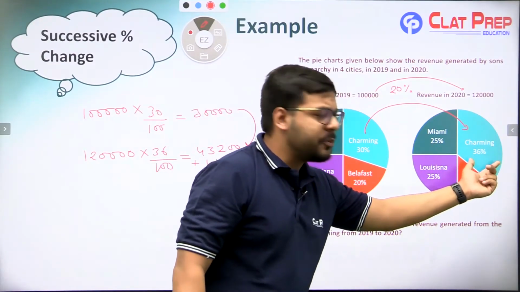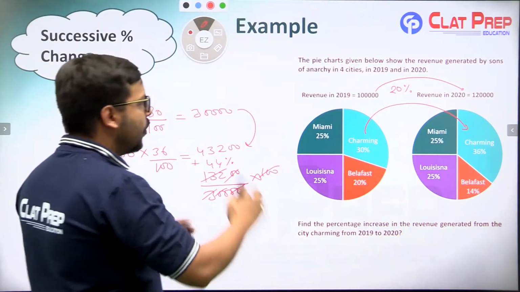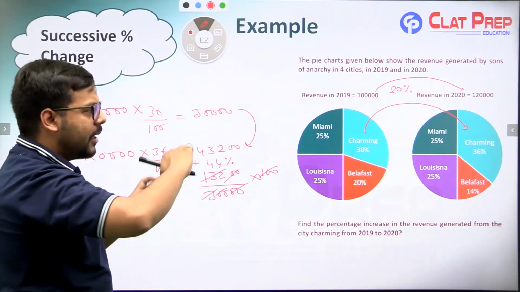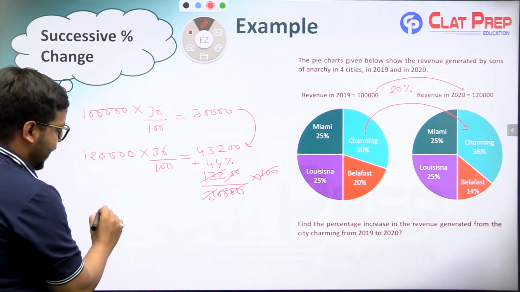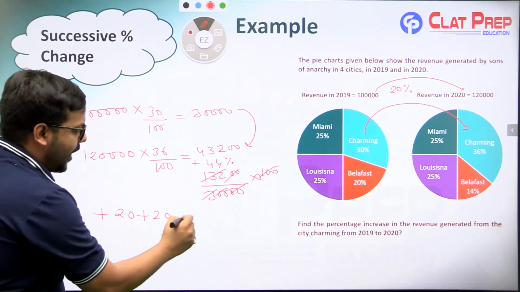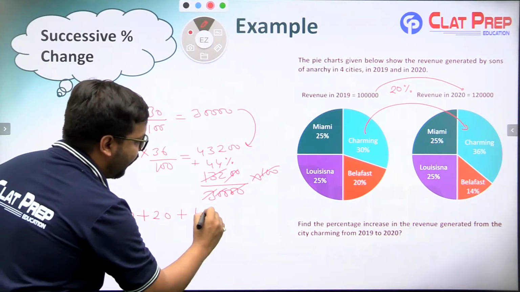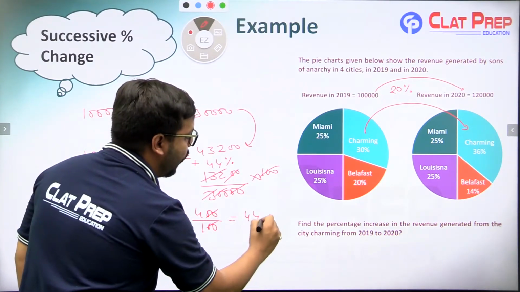Now the new percentage point is 36%. So that is a 20% increase, right? So when we know that the base has increased by 20% and a particular sector is also increasing by 20%, we can directly use successive here and say that the overall percentage change will be plus 20 plus 20 plus 400 upon 100, which is nothing but 44%.